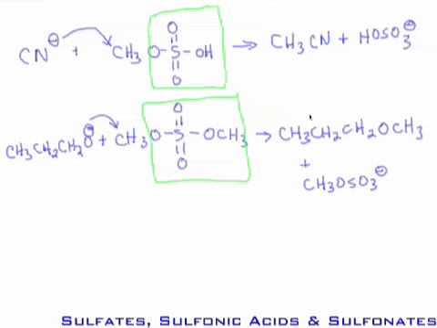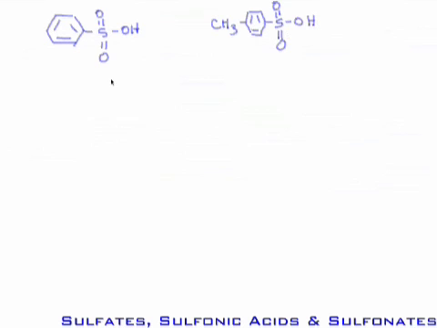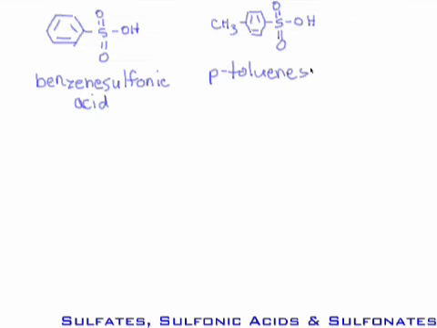Now another acid which leads to a conjugate base that is an excellent leaving group are the sulfonic acids. And these are, remember, benzene sulfonic acid, and this guy is para-toluene sulfonic acid.